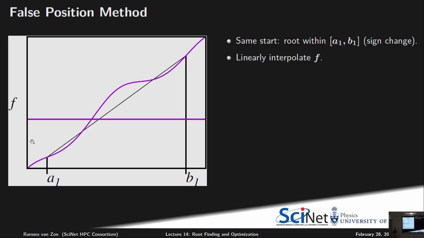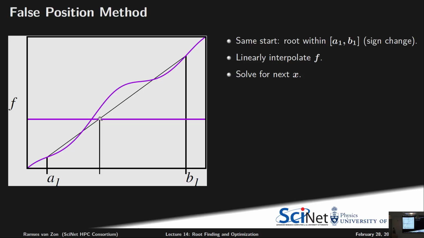So if we make a linear approximation, obviously we've used the values of f(a1) and f(b1) here. We can see, okay, this linear function, I can evaluate when it hits 0. It's just solving a simple 1D linear equation. I don't need to evaluate functions for it. It gives me an estimate of where I should put my next x. So rather than taking the midpoint, I find an x that solves the linearized equation.